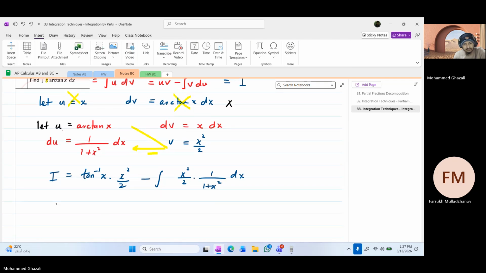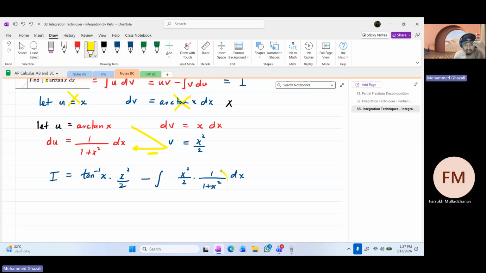Now I have a problem with this one, because it looks like a partial fraction. So we have negative half, and let me call this integral I2, negative half integral of x squared over 1 plus x squared dx. But what we can do is add 1 and subtract 1.